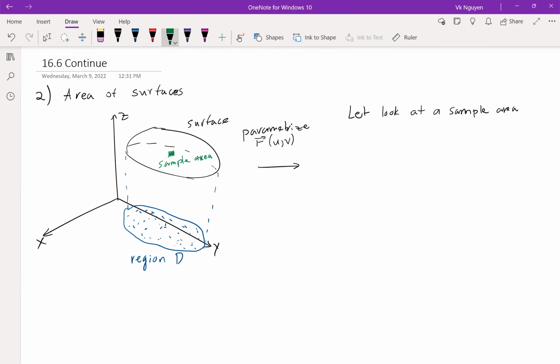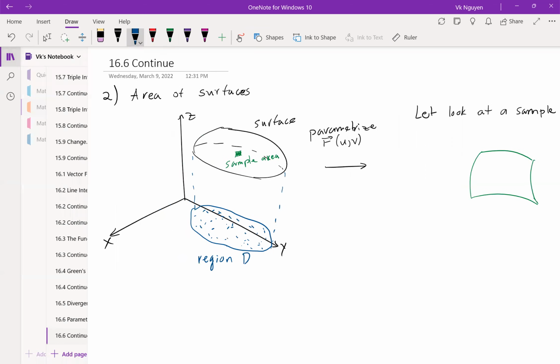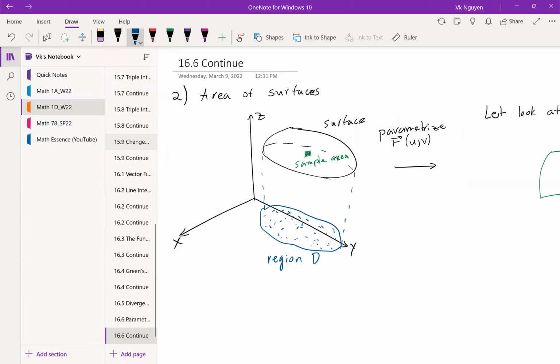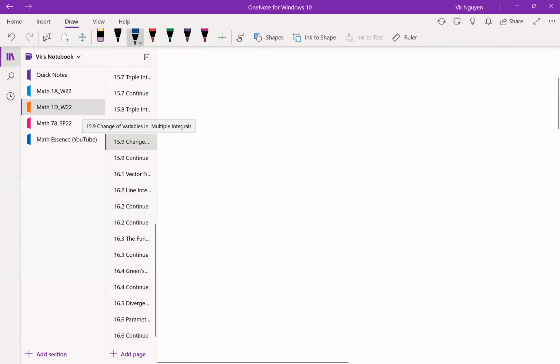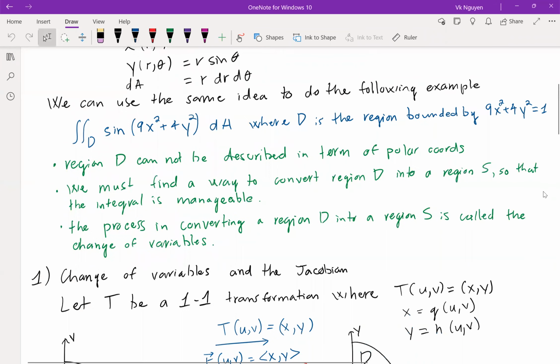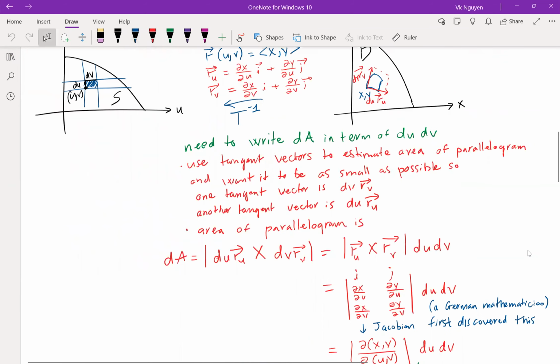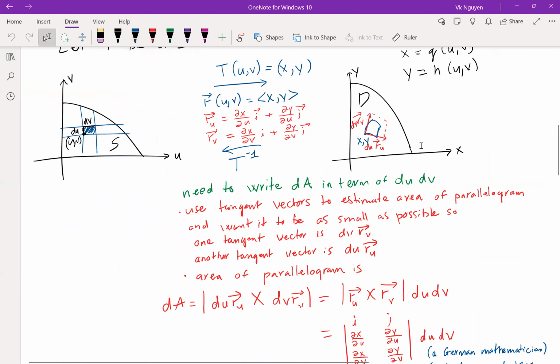You plot it in this section right here, 15.9. Remember this? It's this one. So you use the same trick here. Use the tangent vector.